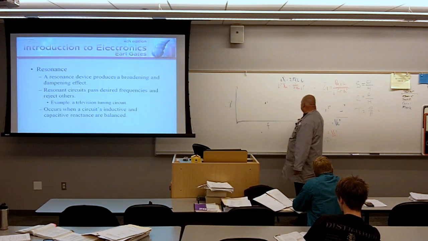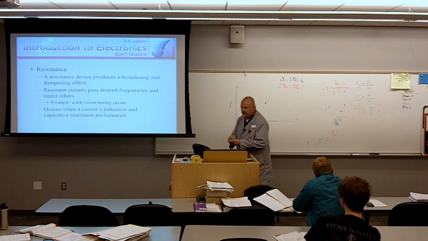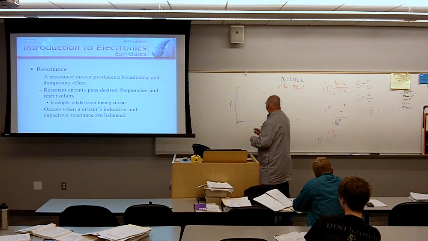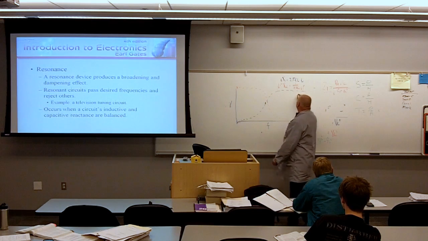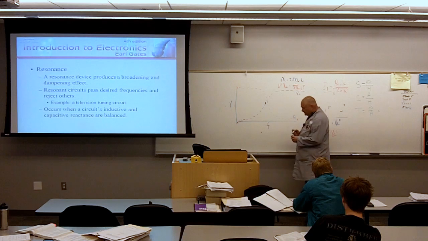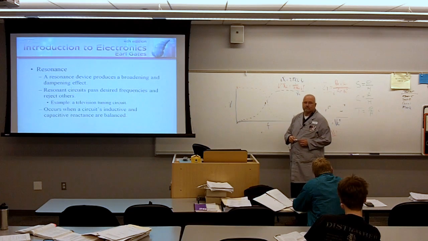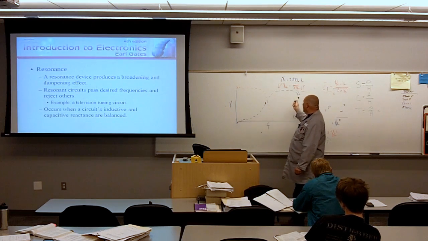So when I plot these out, this is X sub L, and this is X sub C. This is what I'm going to get. Because at low frequencies, X sub C is high.